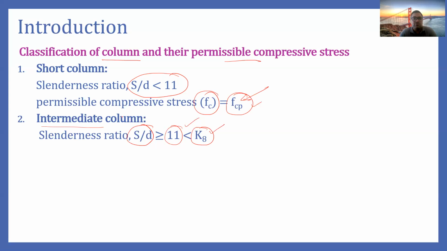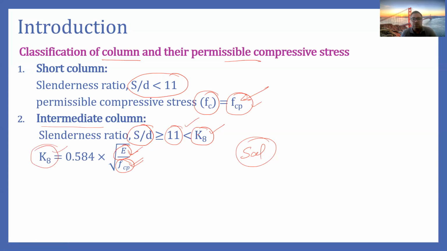For this, we need to find out the K8 value, and K8 value is dependent on the value of Young's modulus of elasticity E and FCP. For example, we are using Sal wood. So we will find out the E value for Sal wood from the permissible stress table. Similarly, FCP value can also be found from the permissible stress table. Once we find the values, we can easily calculate the value of K8.